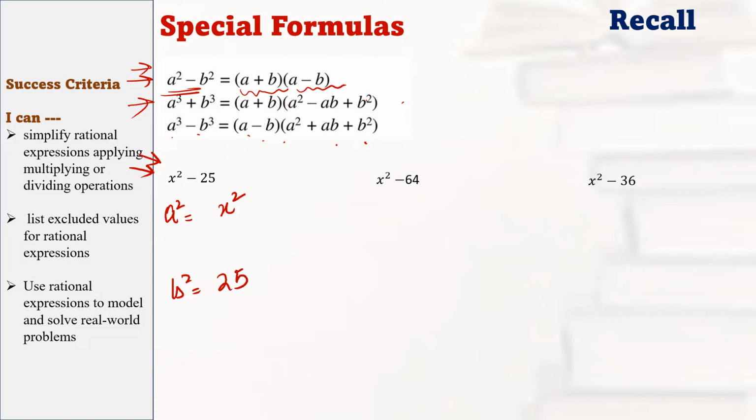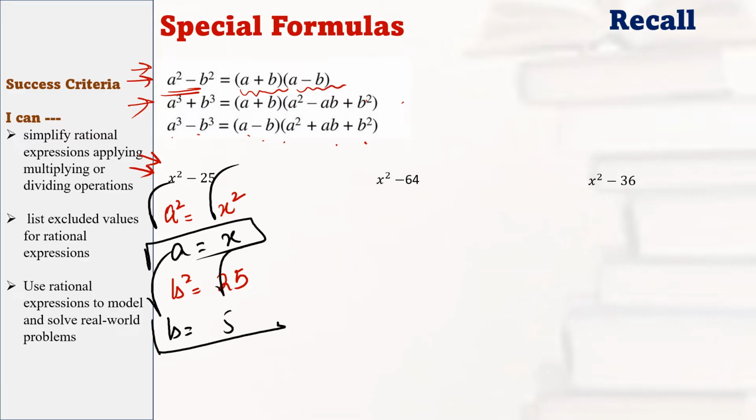Okay, so if you take the square root on both sides, a equals x and b equals what? 5. Now just replace these two numbers in the formula in place of a and b. So one time you write x plus 5 and one time you write x minus 5. That's all.